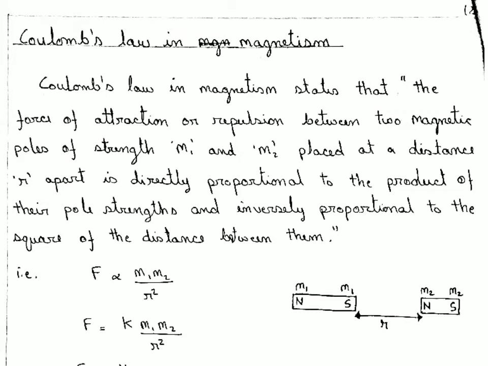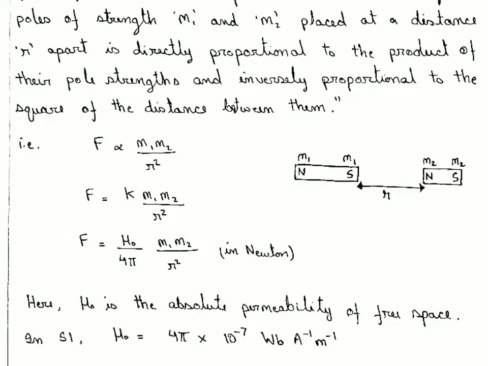And if we remove the proportionality sign, we have F equal to k m1 m2 divided by r square, and this k is equal to mu naught by 4 pi, where mu naught is called the absolute permeability of free space. In SI unit, mu naught is equal to 4 pi into 10 to the power minus 7 Weber per ampere per meter, where Weber is the unit of magnetic flux. So this is Coulomb's law in magnetism.